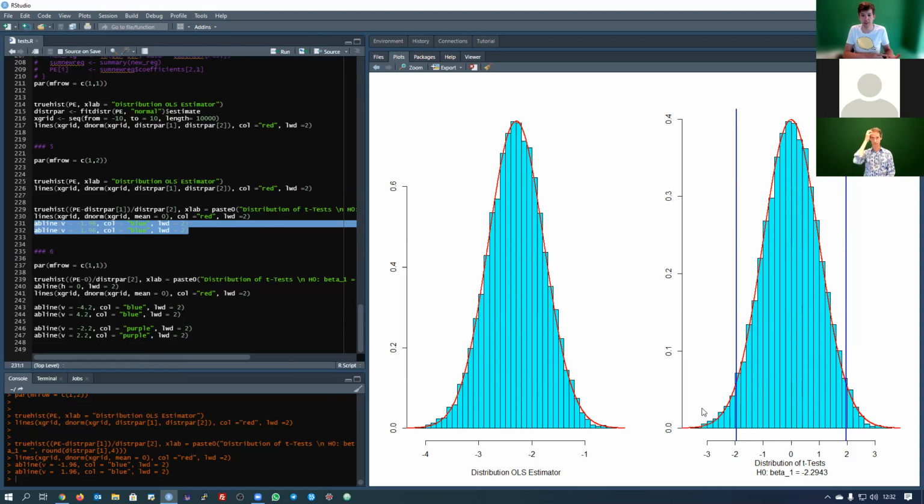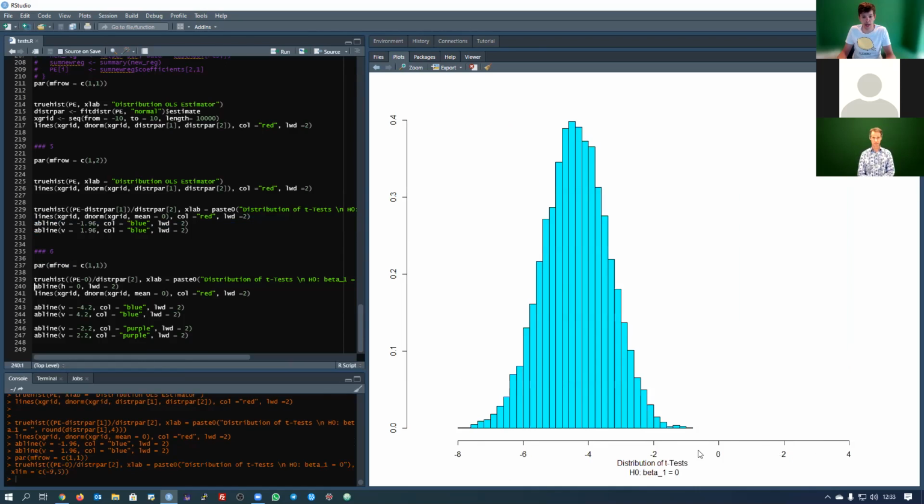Now, from the critical values, we can also switch to the p-value, something that you also wanted an interpretation for. So in this case, let's not look at the hypothesis to test that beta 1 is equal to minus 2.29, but let's check the hypothesis that beta 1 is equal to 0.